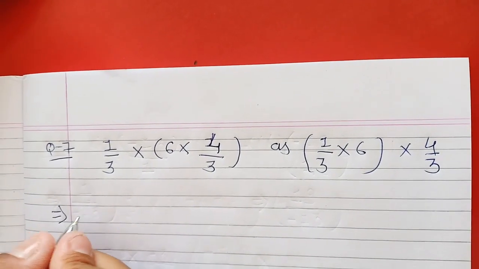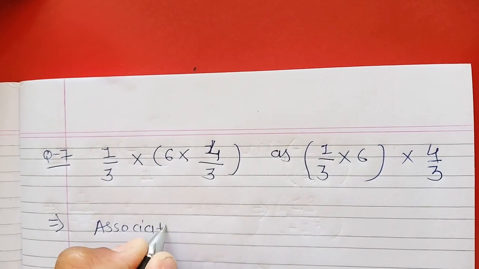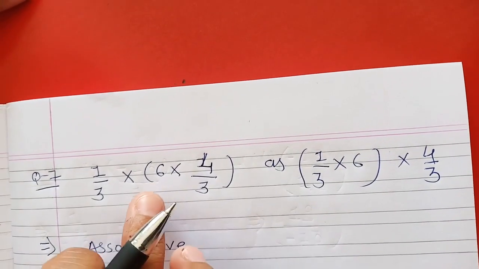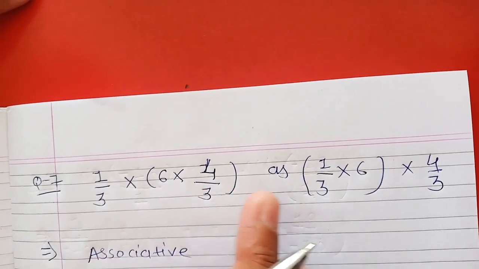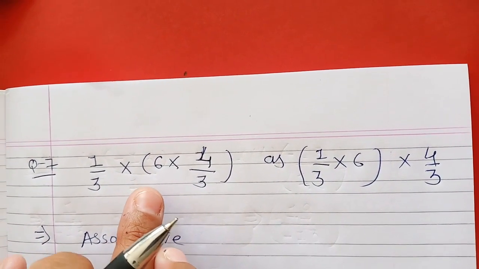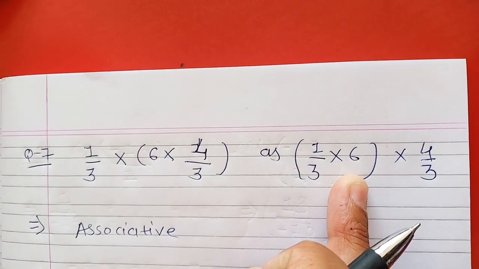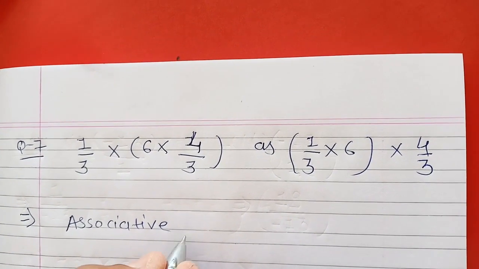So here we can say associative means grouping. Simply, you put the bracket on different terms, and everything else remains the same. Here the bracket is on the second and third term, but here it is on the first and second term. So which property is used?